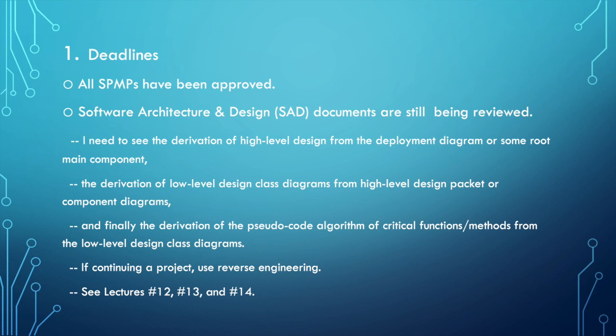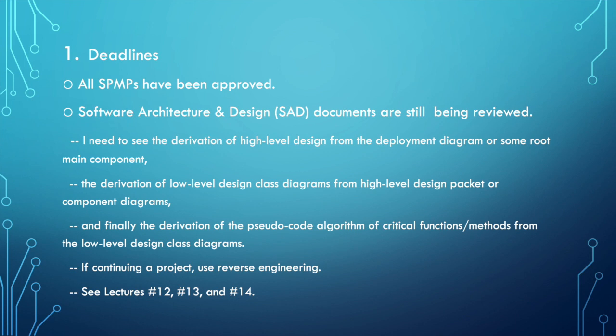This is just a reminder that I would like to see the derivation. There is a trace that I can point my finger on your design, starting from the deployment diagram to derive the high-level design from the deployment diagram or some root main component that you might have.